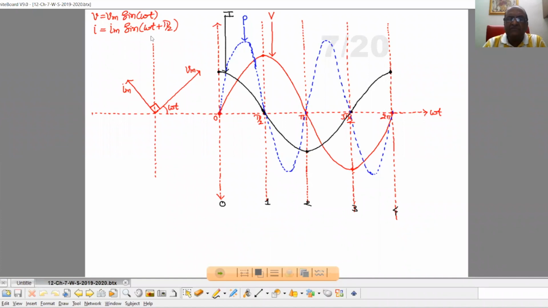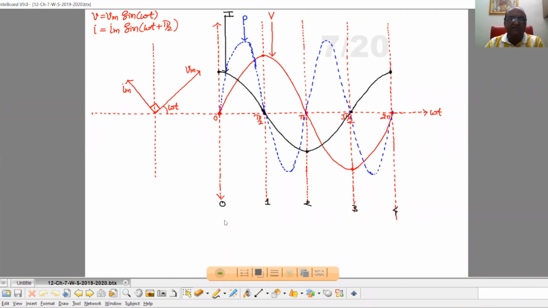Then Im sin omega t plus pi by 2 means Im cos omega t, so this is the cosine curve for current, and this is power. So when current and voltage both are positive, power is positive. Then one positive, another negative, power is negative. Again, both negative, power is positive. One positive, one negative, power is negative.